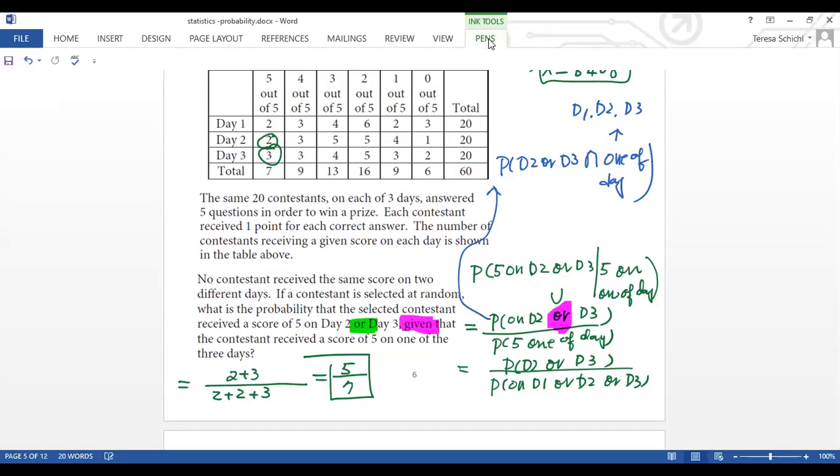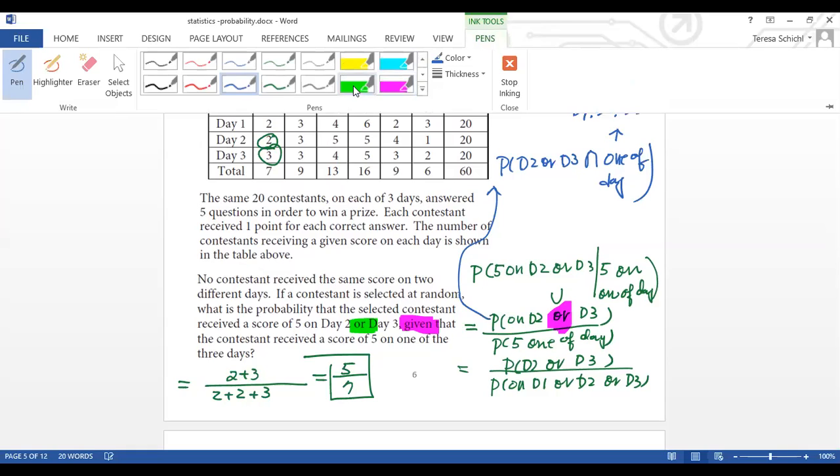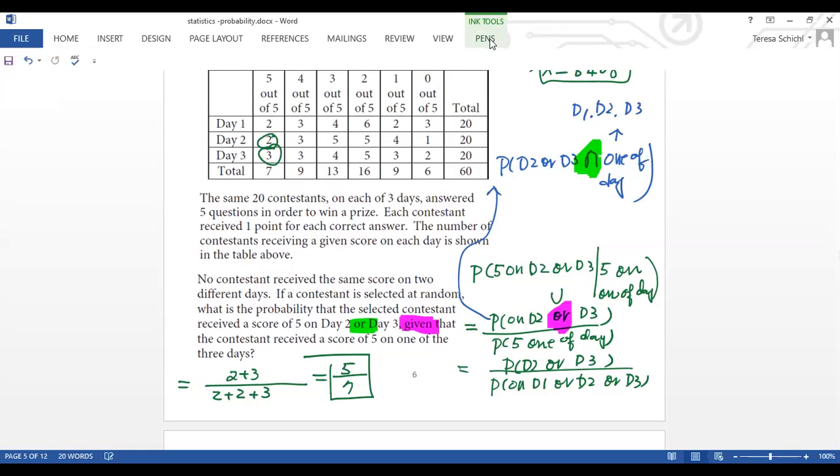So one of the days is day 1, day 2, day 3. Intersect, like we talked about before, means "and". So it's D1, D2, D3 and D2, D3, which gives us D2 and D3 here.